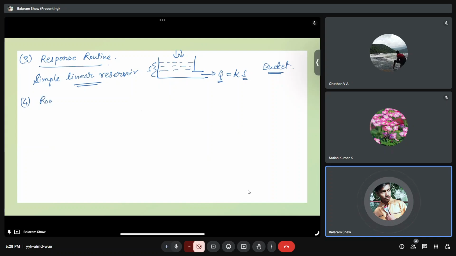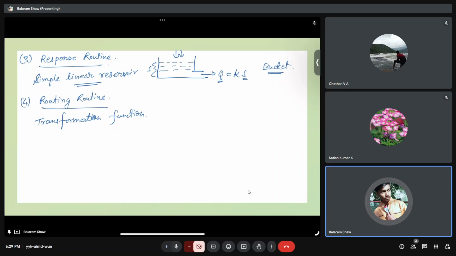And last but not the least is the routing routine or routing approach, whatever you can say, right? So in this routing routine, you remember routing? We have studied hydrological routing, hydraulic routing, and so on, right? So what we consider here is a transformation function so that we can route the information that we have for one location, right?